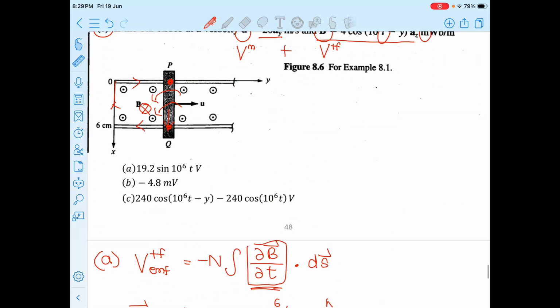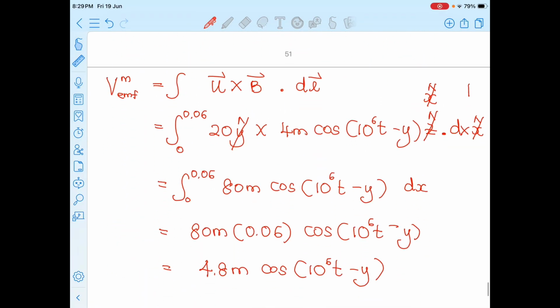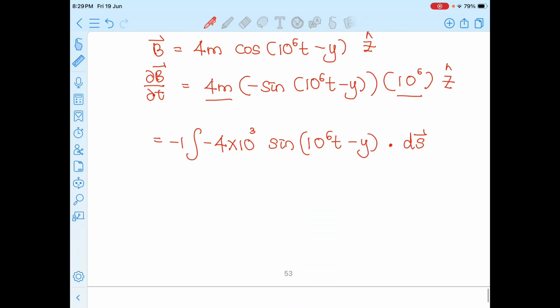So this is the area. The area depends on the value on the x-axis, which is 6 cm, and also the distance over here. Since this sliding bar keeps on moving, the y value will be put as a variable y. For this case, I'm going to simplify it, negative negative I cancel it.